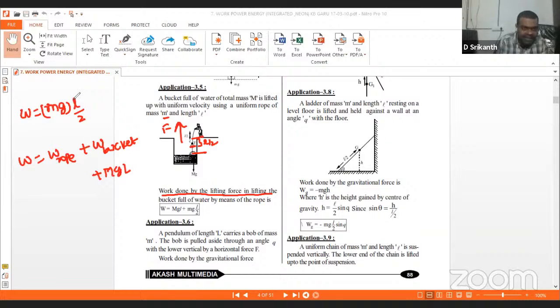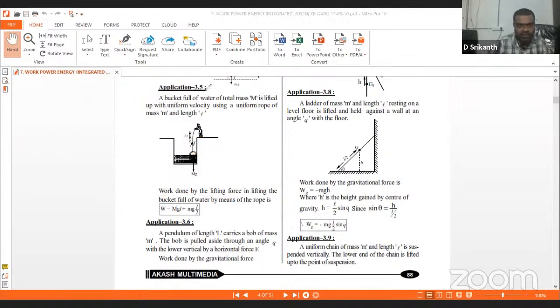And for the rope, having a mass small m, it is mg L by 2. If I apply the force up to the center of the rope, then it is easier to pull the bucket as well as the remaining half of the rope. Okay, fine.